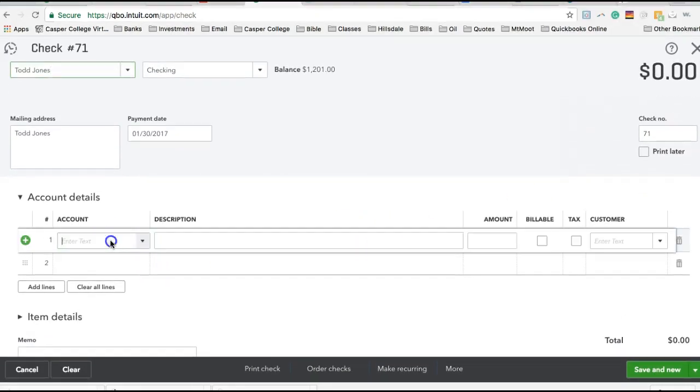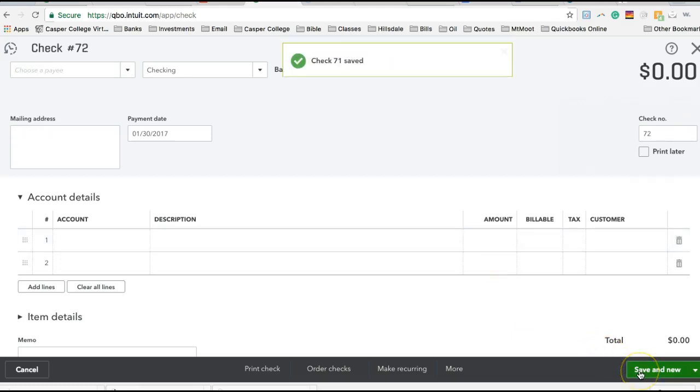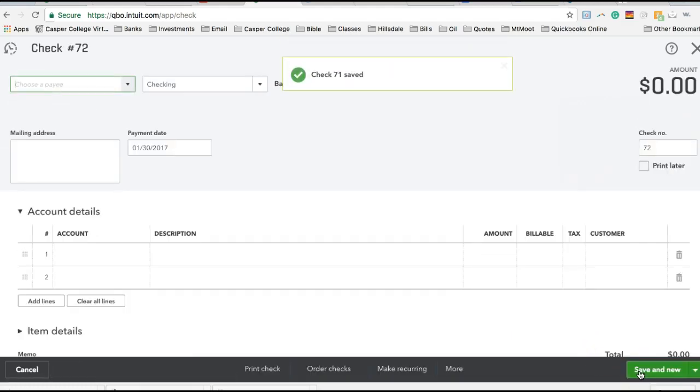Now, what account are we going to use for that one? Actually, the account would be the Todd Jones capital account. The amount would be $1,000. And then we would save it, and it actually placed $1,000 in the amount.